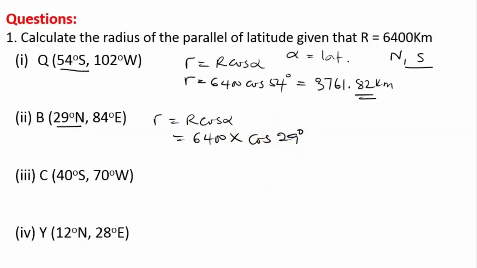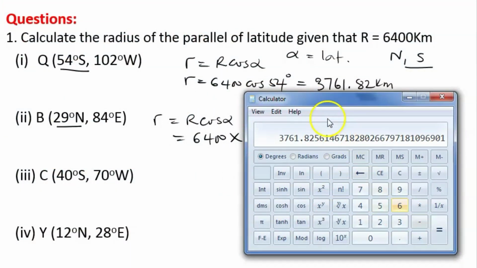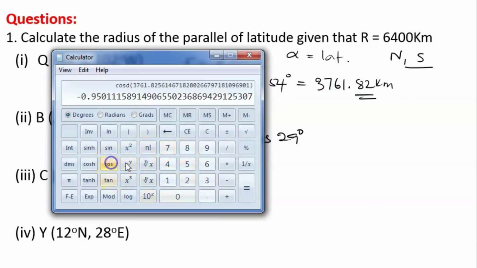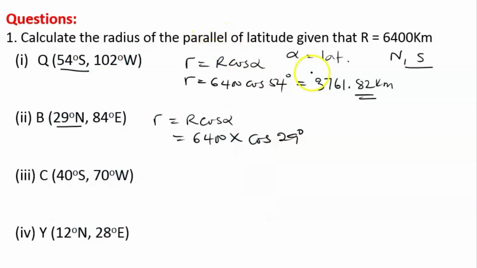When we do that again, the calculator gives us cos of 29 multiplied by 6400, that's about 5597. So this is just what we need to do.